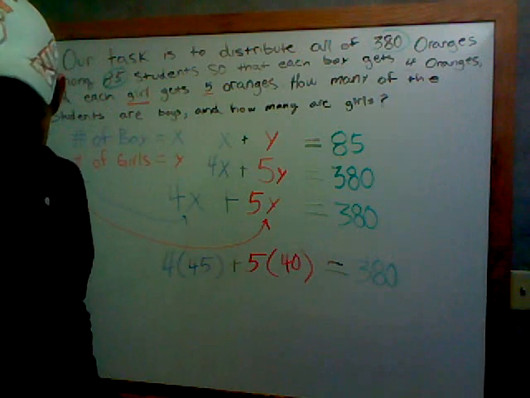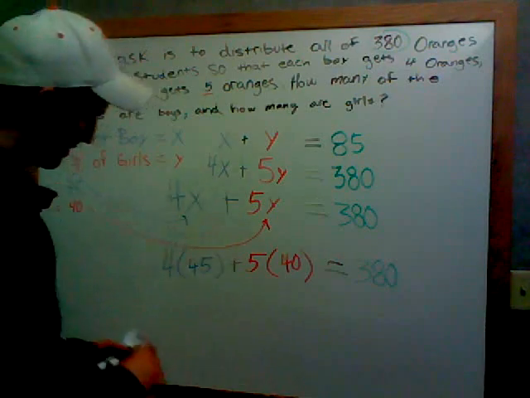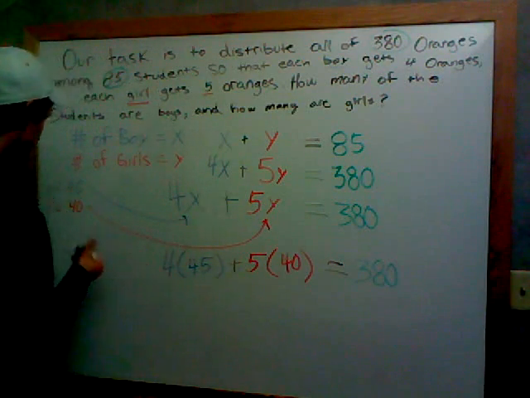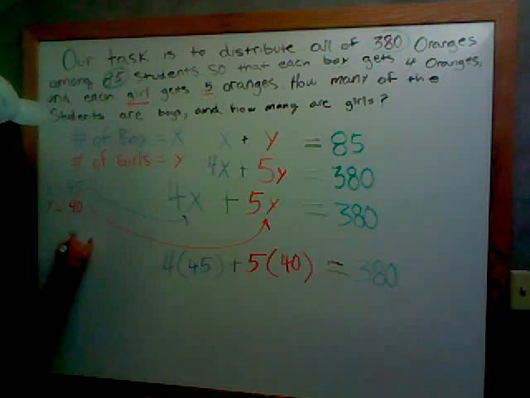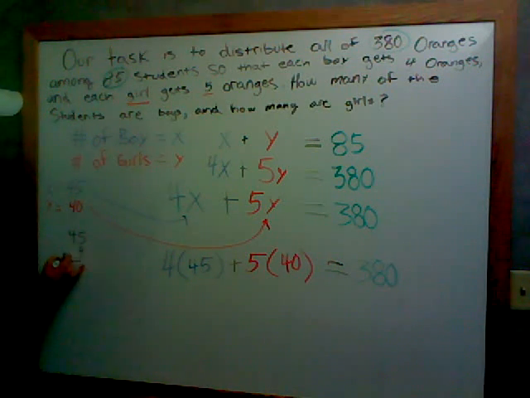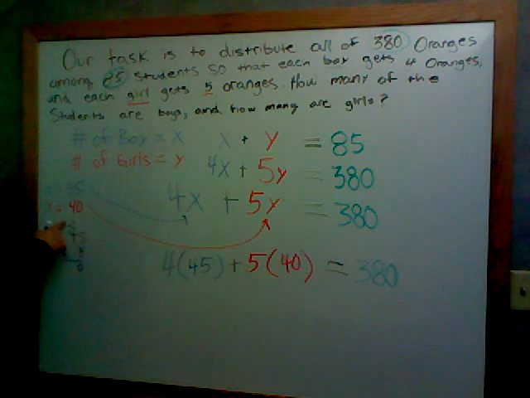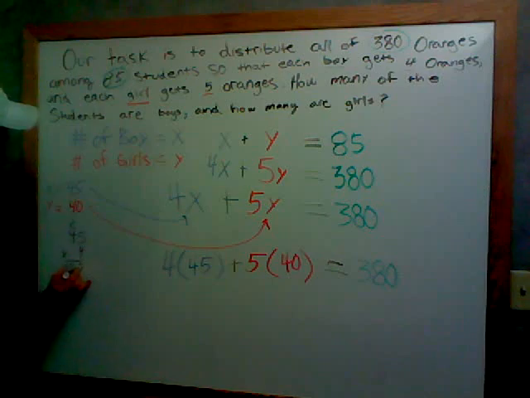So 4 times 45 is, we'll do that on the side here, so we'll just line up. You can use a calculator if you have one, but we'll do it like this. 5 times 4 is 20, bring that up. 4 times 4 is 16, plus our 2 is 180.